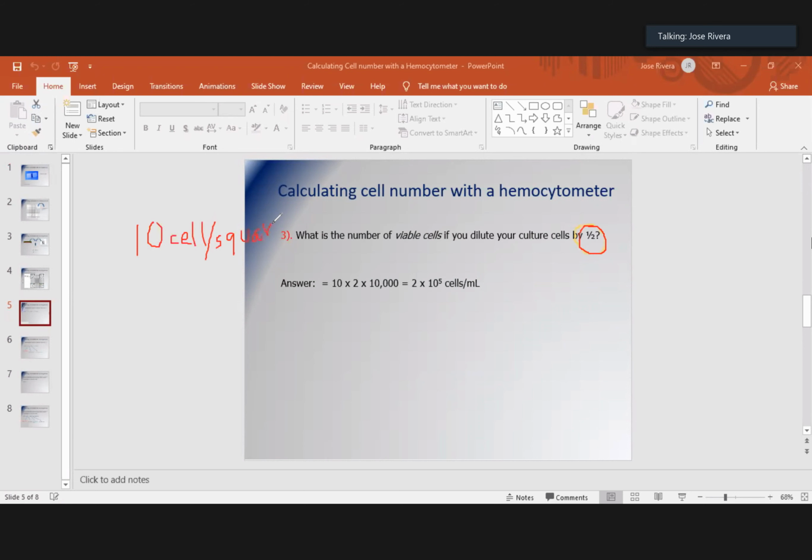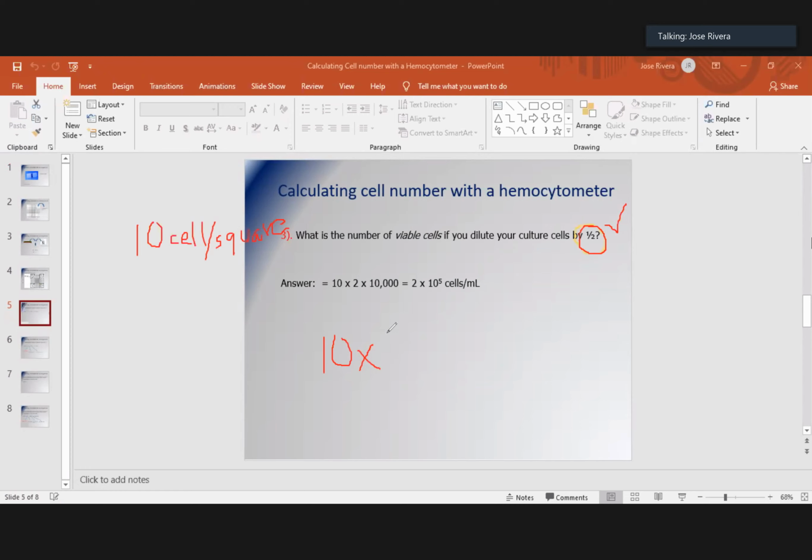Okay, you want to know how many cells you have in your sample. The answer is going to be 10, the cells that you counted, and then you're diluting by 2. So here, for the dilution by 2, you write the reciprocal. And then remember I told you, you always multiply by 10,000 because you want the cells in mLs.